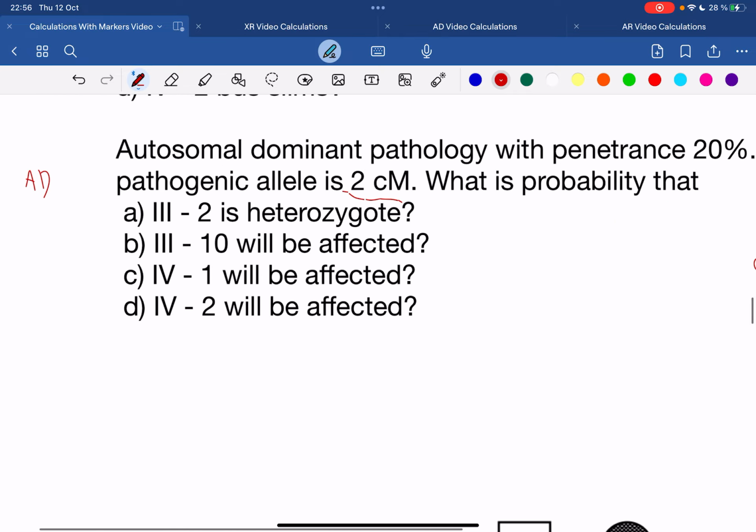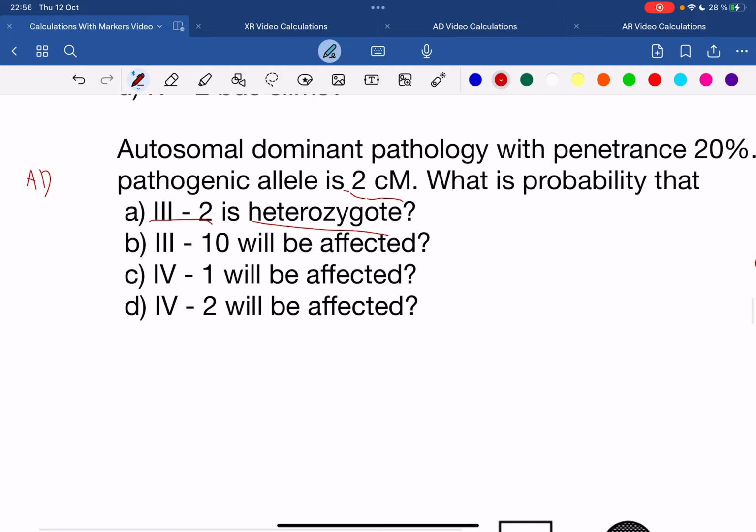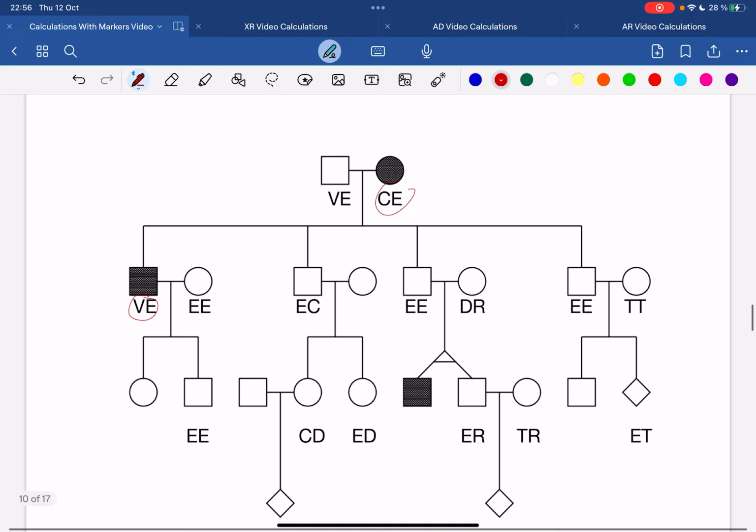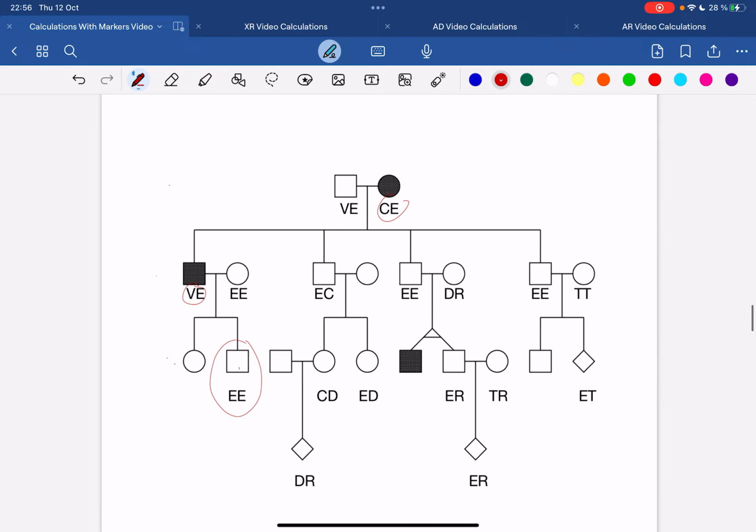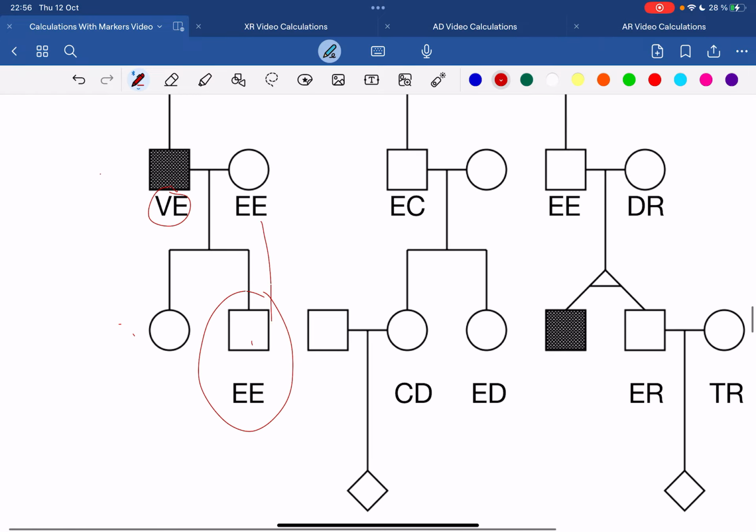And now we can start with the actual calculations. 3, 2, what is the chance for them to be heterozygote? This is 3, 2. Now 3, 2 has gotten 1 E from the mom and 1 E from the dad.